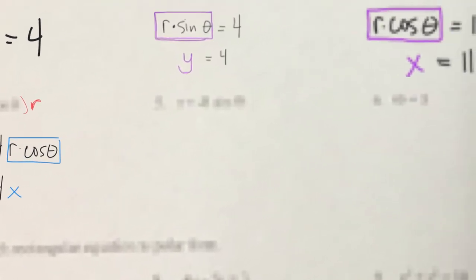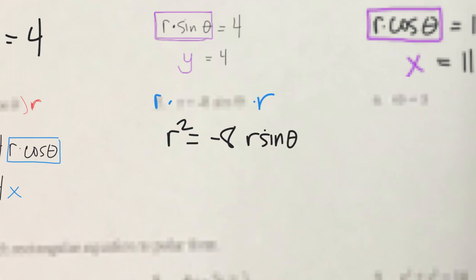So how should we proceed with number 5? Which is pretty much the same as number 4, but with a different trig word. So what's our steps here? Multiply by r to get r squared equals negative 8r sine theta.